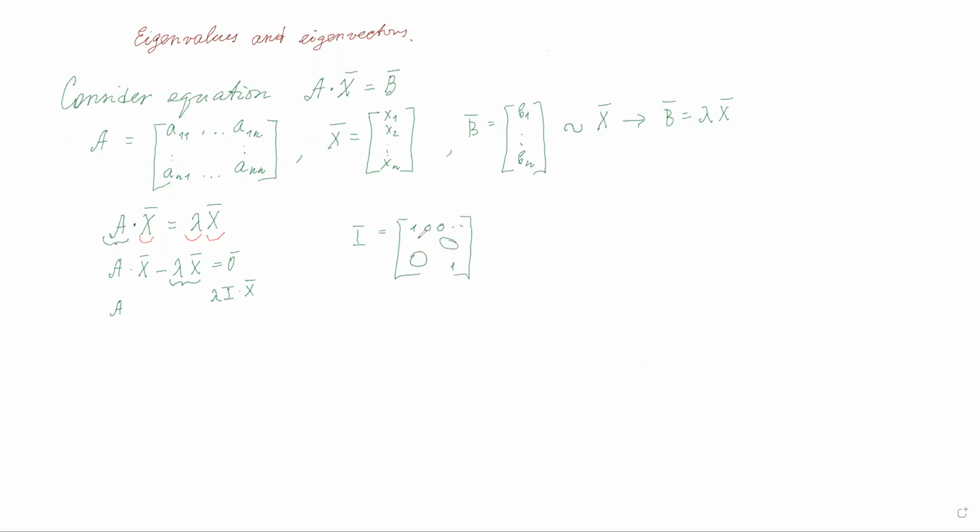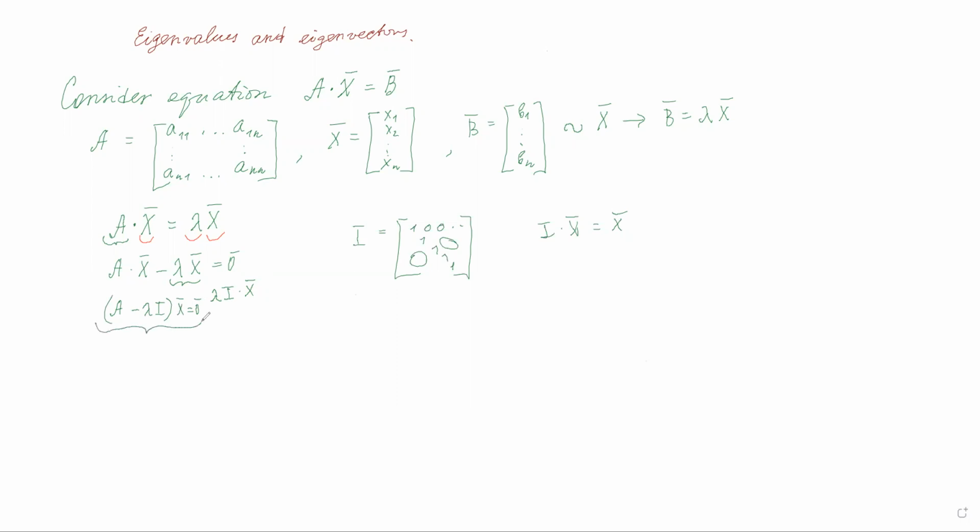If I multiply the identity matrix by vector x, I'm going to get the very same vector x. That's the point of the identity matrix. It's like a 1 for real numbers: you multiply 1 by any number, you get the same number. So that's why I can do this. It's going to make my life a little easier when I take x outside of parentheses: A minus lambda I, and over here I'm going to have vector x equals vector 0.